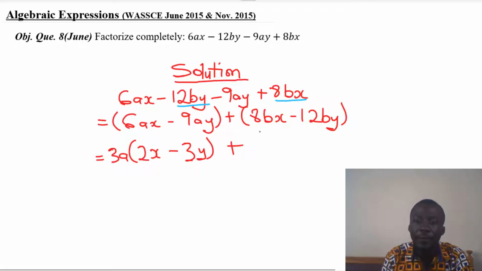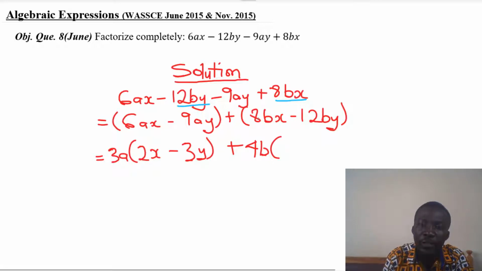Plus, 8 and 12, we can factor 4, because that one will be the greatest common factor between 8 and 12. And bx, by, we can also factor b here. 4 into 8, 2.